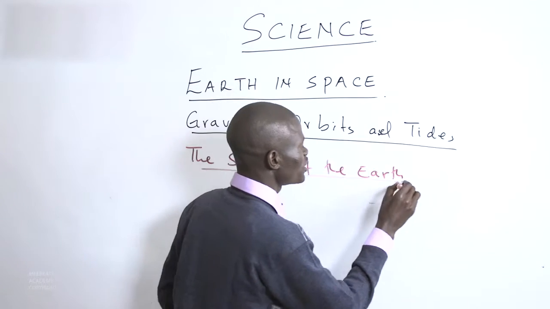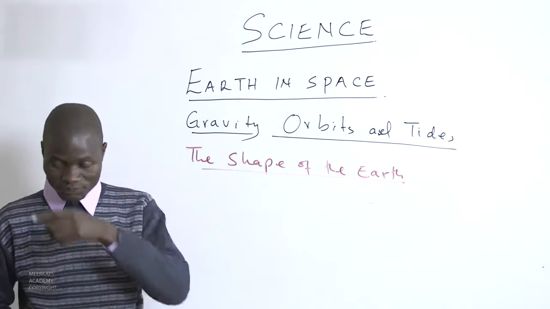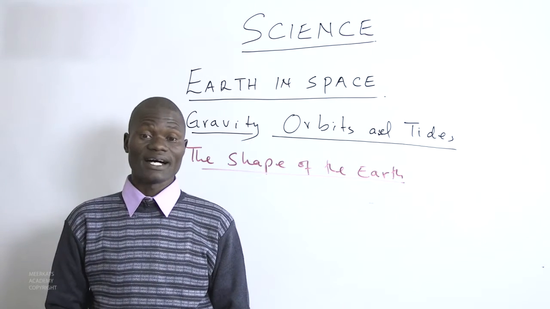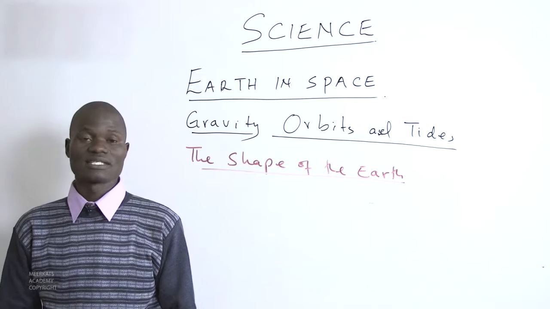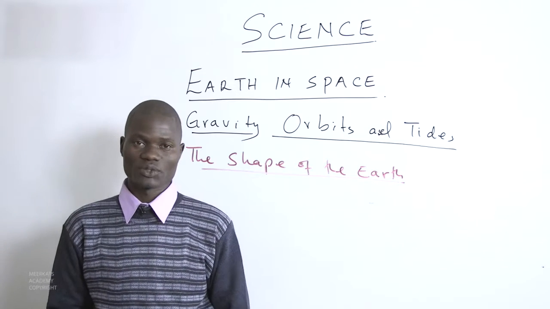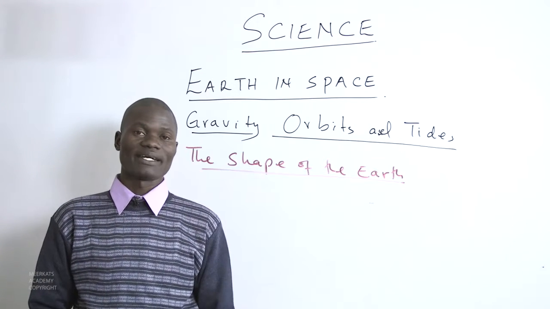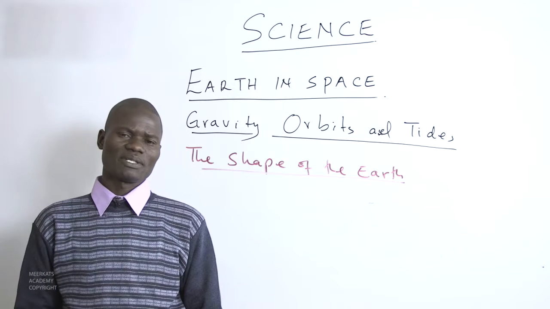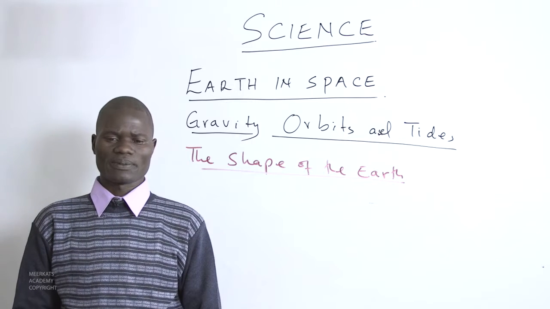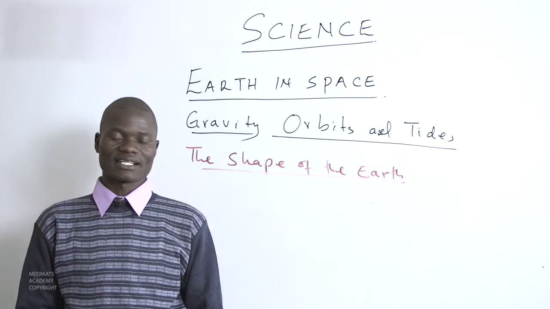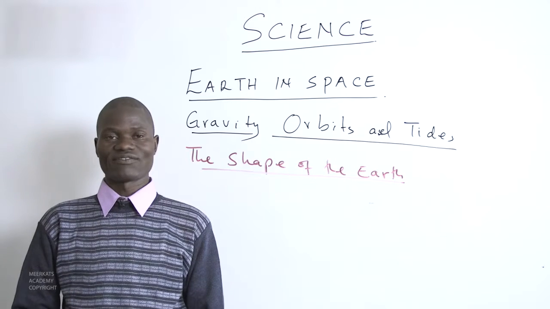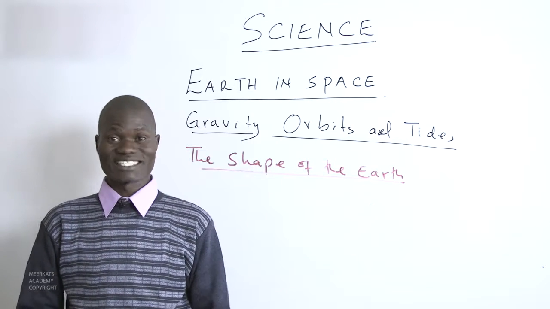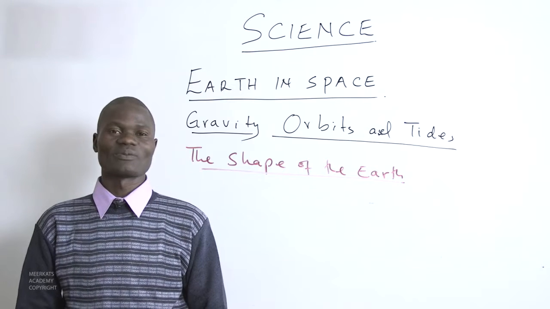As we look into this observation, we learned that the Earth is in an ellipsoid shape, whereby it does not have an exact shape. It is neither flat nor is it round. It is very true.